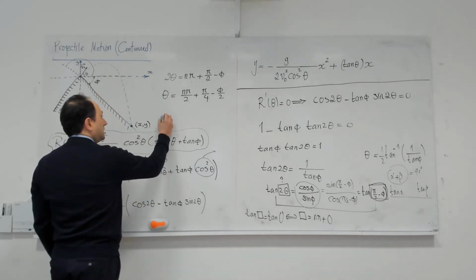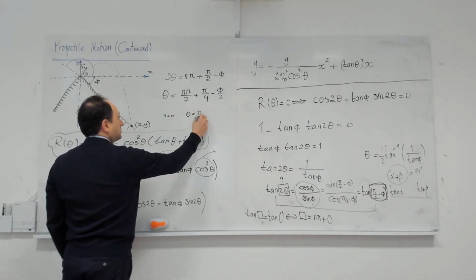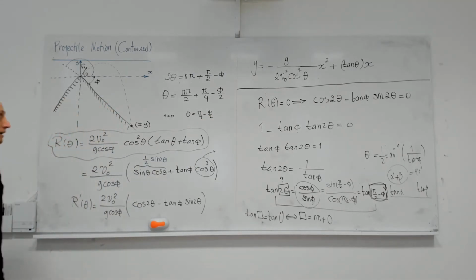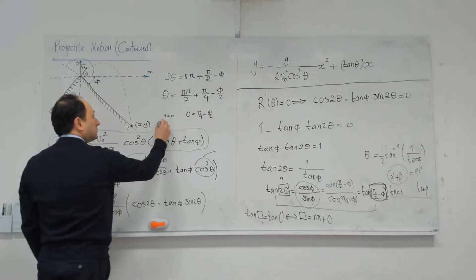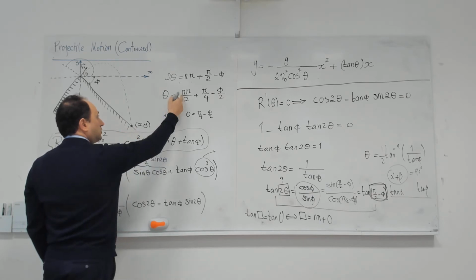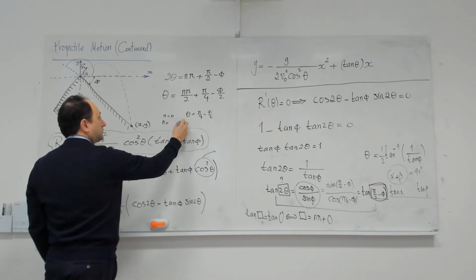If I choose n equal to 0 first, theta becomes pi over 4 minus phi over 2. Yes, that's acceptable. If I choose n equal to 1, what will happen? Pi over 2 plus pi over 4 is how much? 3 pi over 4, yes?